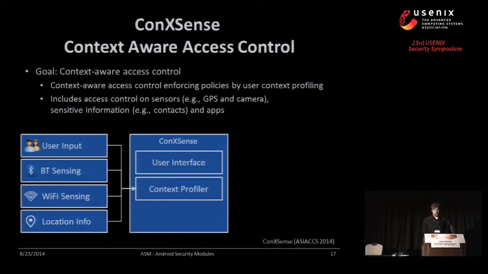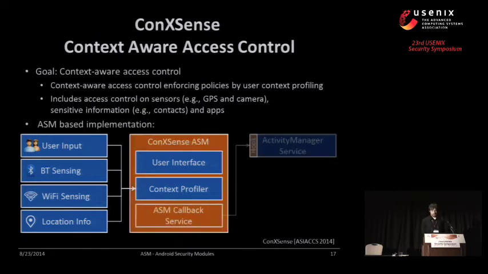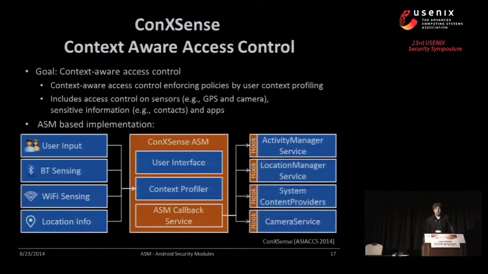And depending on this information, we enforce access control rules for untrusted applications on the platform, such as applications accessing the GPS or the camera, or sensitive information stored on the device. And to implement this solution as an ASM, we just took the original logic from ConXSense and introduced a ConXSense ASM, which registers an ASM callback service with the ASM bridge.